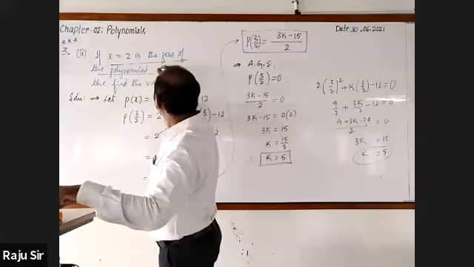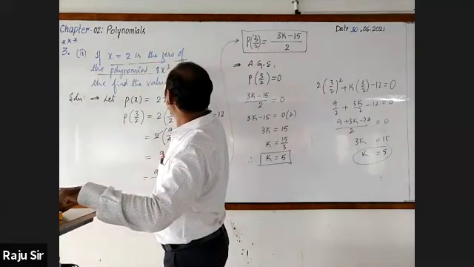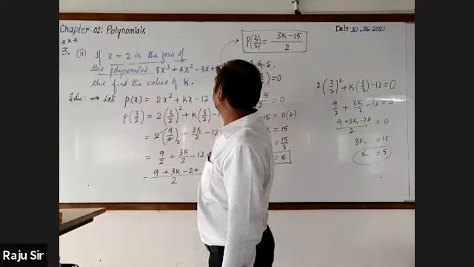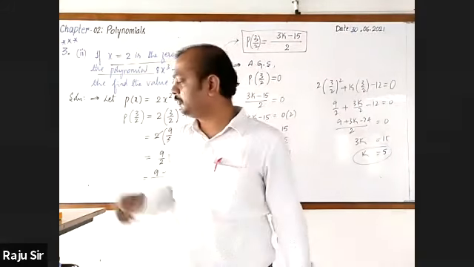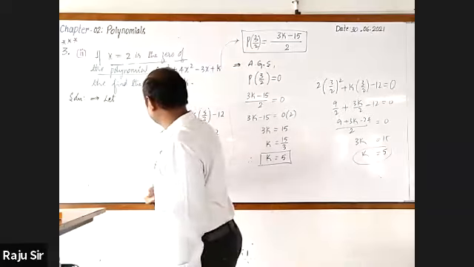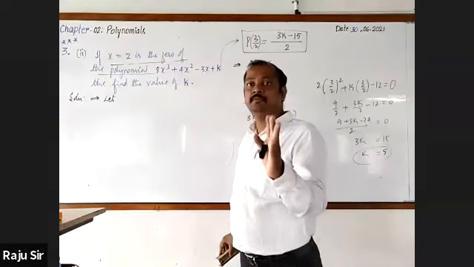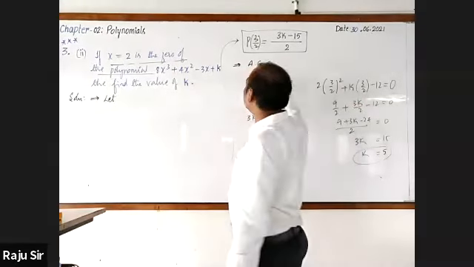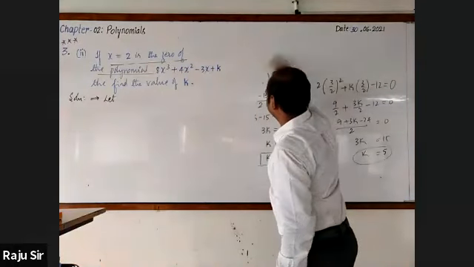It is 8x cubed plus 4x squared minus 3x plus k. Then find the value of k. Let me see how many of you can do this. I'll give you exactly 50 seconds. Within 1 minute, it should be complete.